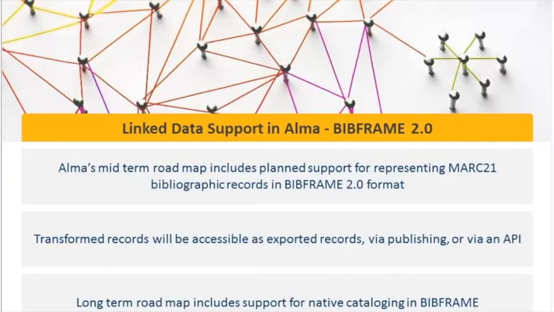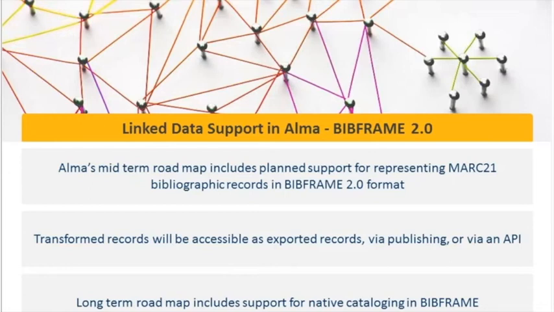We will continue to enhance linked data support in Alma. We will support BibFrame version 2, and you will see here some more detailed information on that. So the midterm roadmap for Alma includes planned support for representing MARC 21 bibliographic records in BibFrame 2 format.